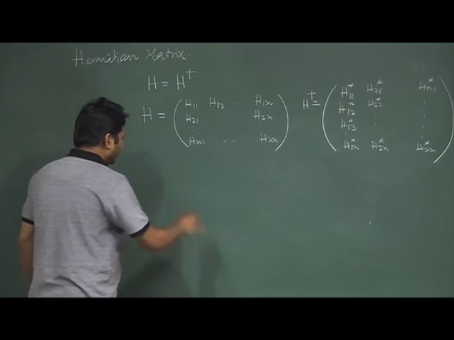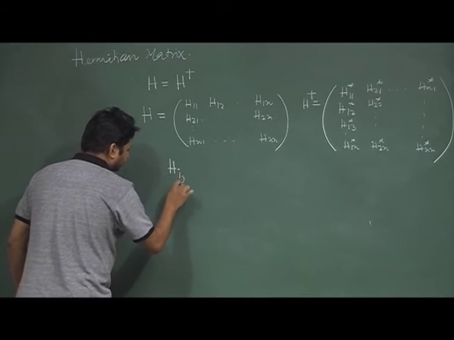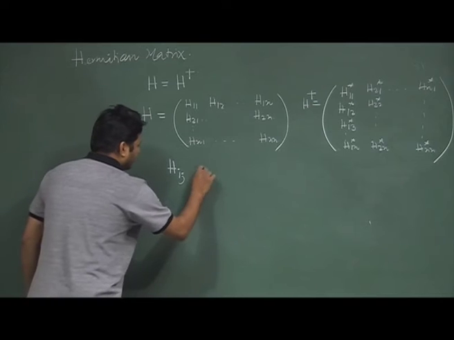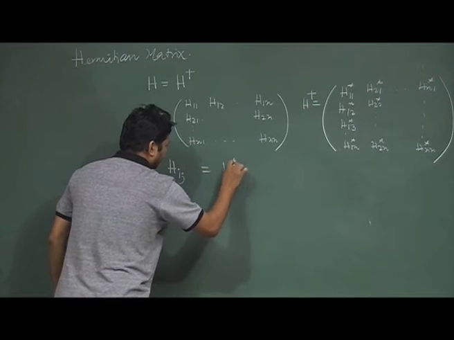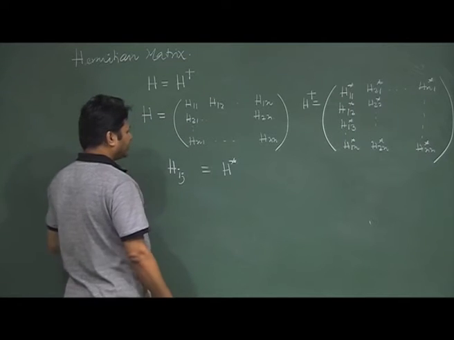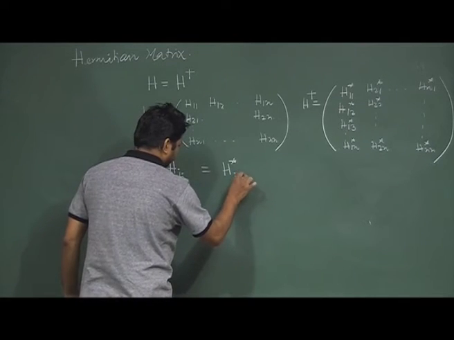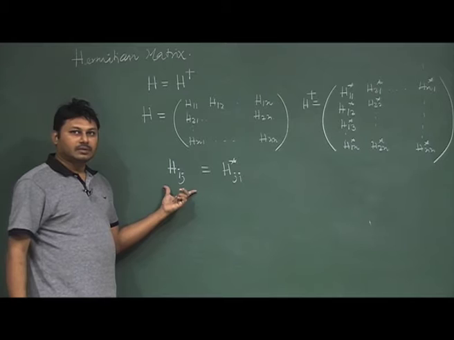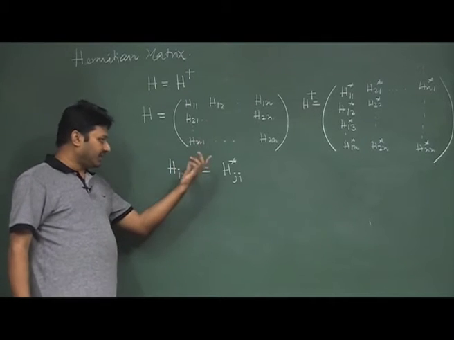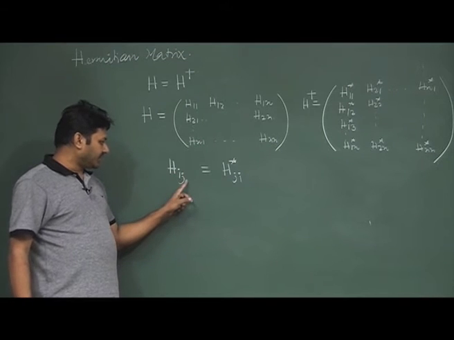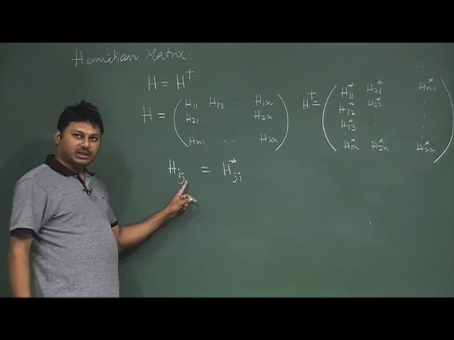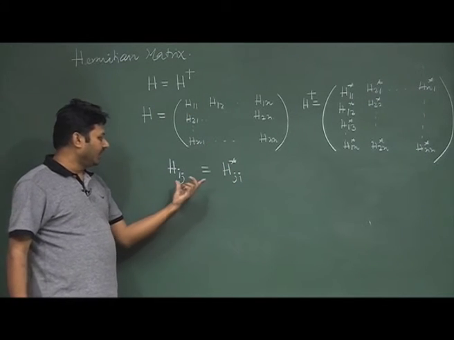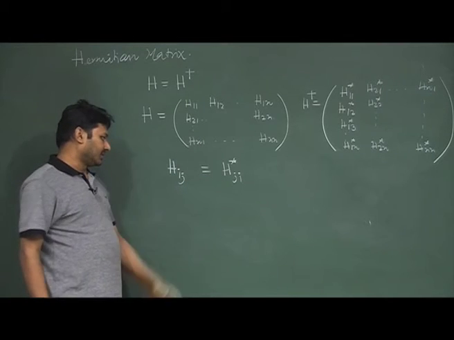Now the general element of H is Hij, and the general element of the Hermitian matrix, in terms of H, is H star ji, because if I make a transpose, i will be replaced by j and j by i. My condition is that H is equal to H dagger, so Hij has to be equal to H star ji.